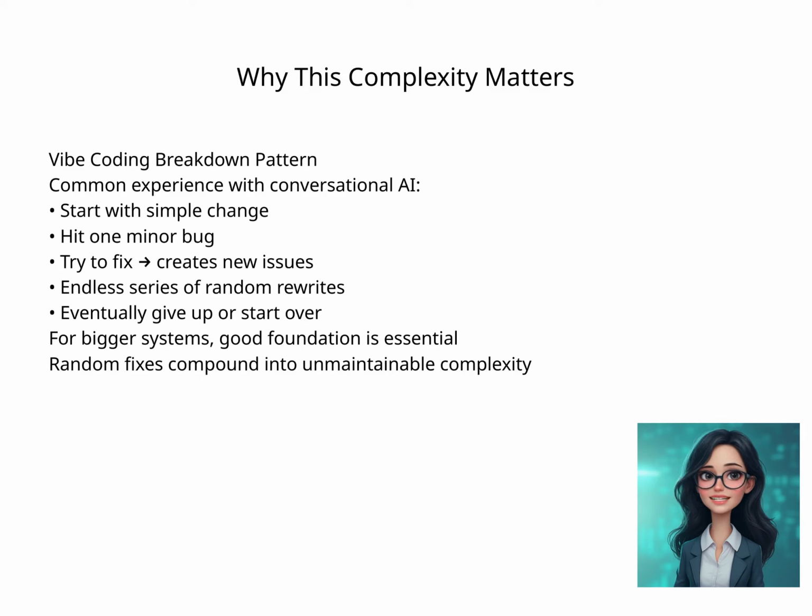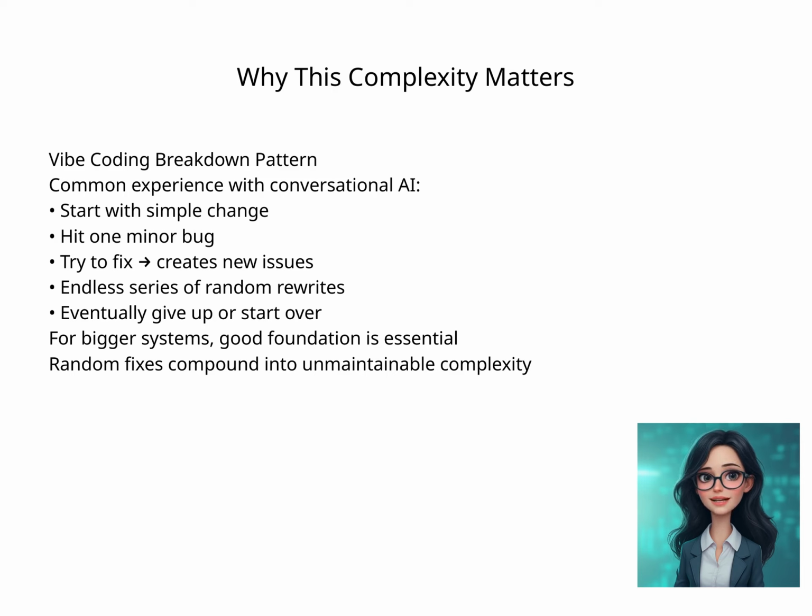Here's a common pattern many developers experience with conversational AI coding. You start with what seems like a simple change. Hit one minor bug, try to fix it, but create new issues, then fall into an endless series of random rewrites until you eventually give up or start completely over. I've experienced this myself.